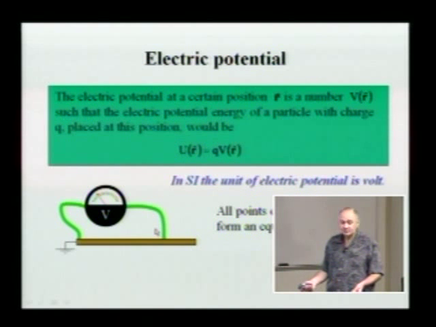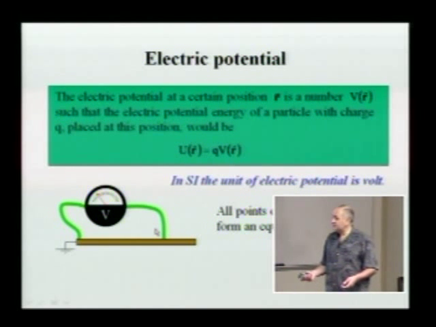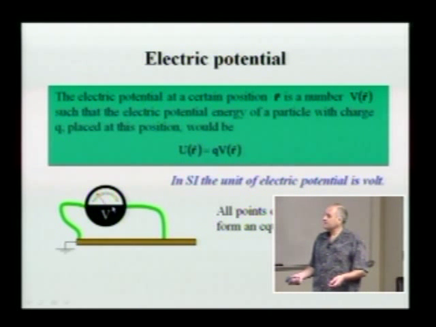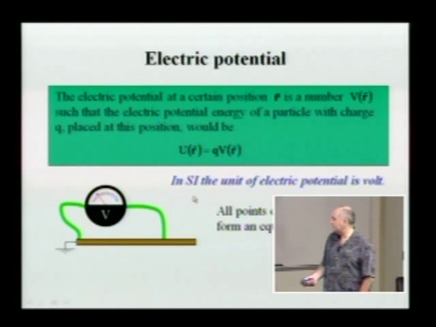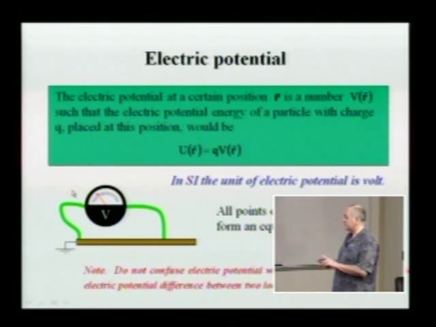Do you see that? So directly you will measure potential only if one terminal is connected to the reference point. However, you can connect it to two different points as well.